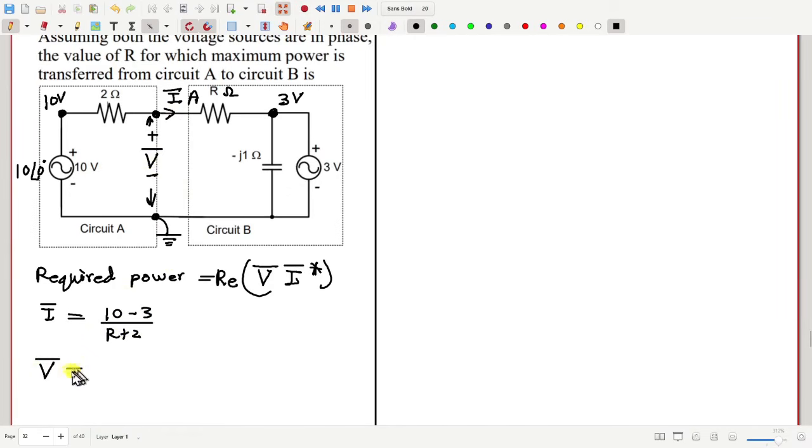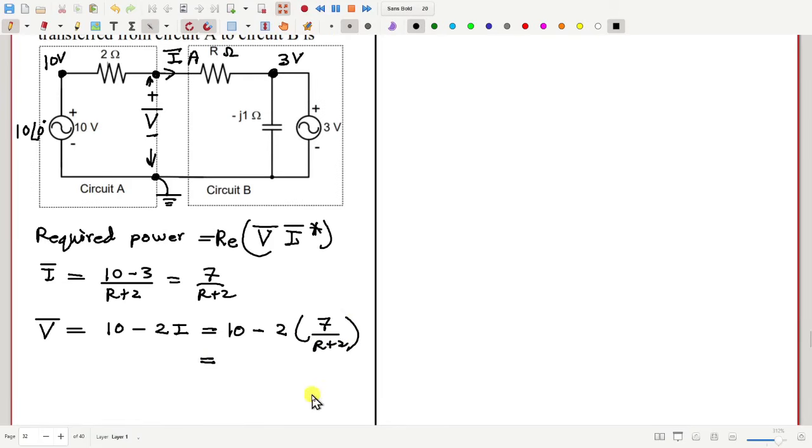Then how much is V bar? V bar will be 10 minus 2I, correct, which is 10 minus 2 into 7 by R plus 2, in volt.